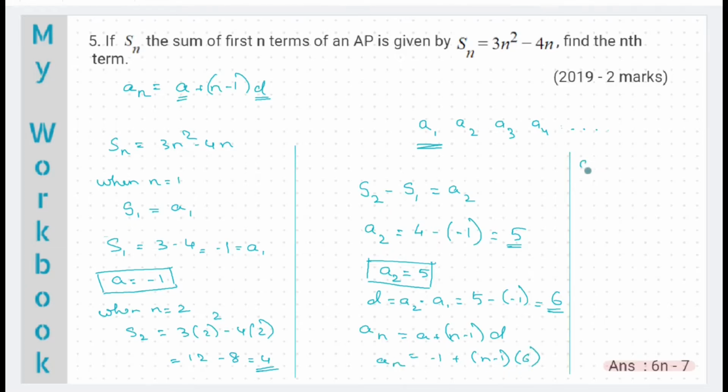So we can write A of n as minus 1 plus 6n minus 6. So A of n will be 6n minus 7. So we have got an expression for the nth term in terms of n.